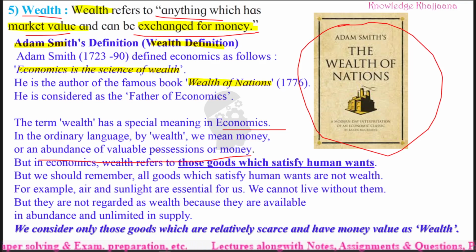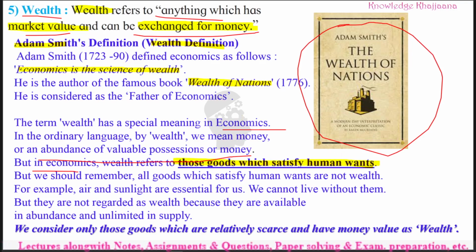An abundance of money or valuable possessions, lots of money. Okay, you can call that wealth. But in economics, wealth refers to those goods which satisfy human wants. See, according to economists, what is meant by wealth? Those goods which satisfy the human wants, that is called wealth.